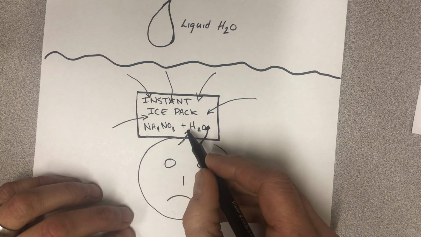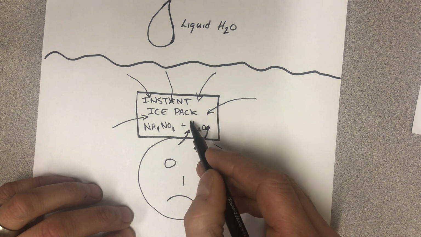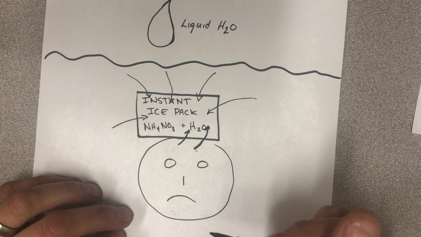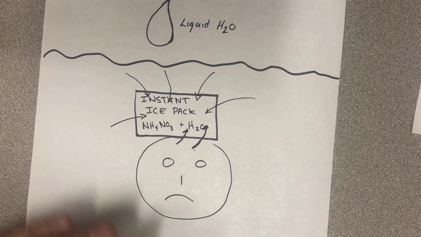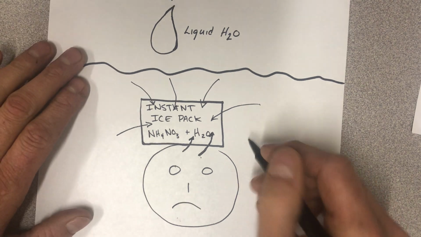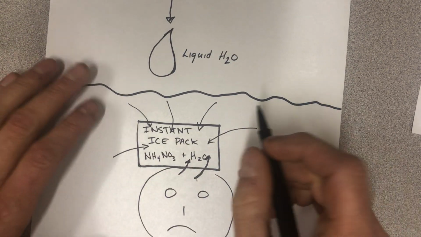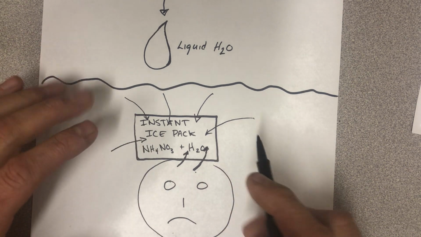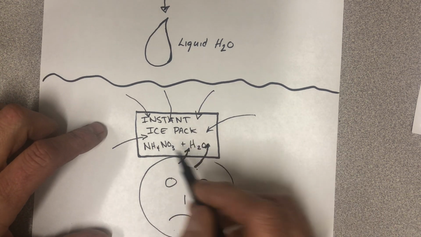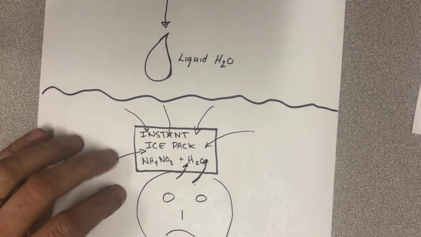But believe it or not, this instant ice pack, as it absorbs heat, is actually warming up, which is kind of interesting. Okay, so that's how we would define system and surroundings: the area outside of the reaction is the surroundings, and then the reaction itself is the system, okay?